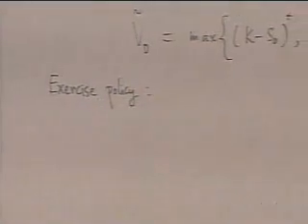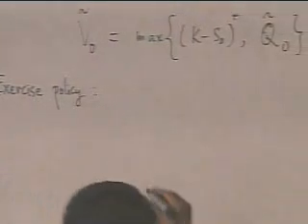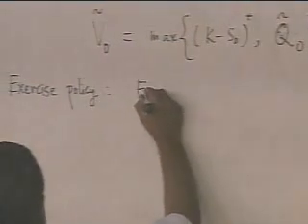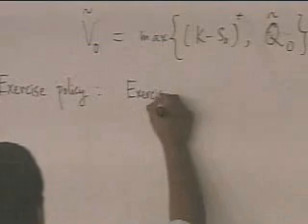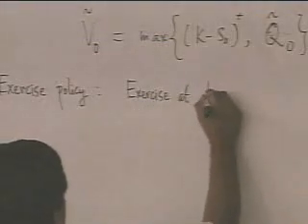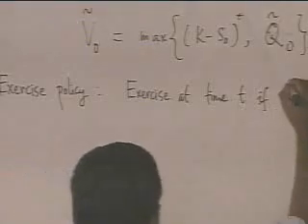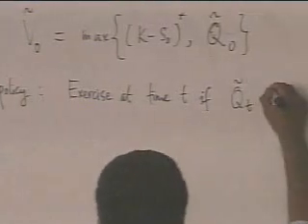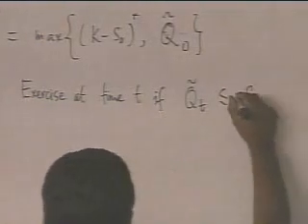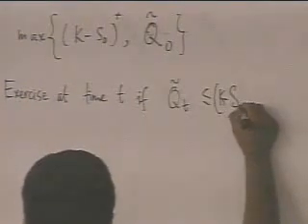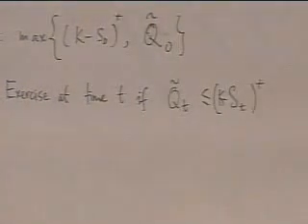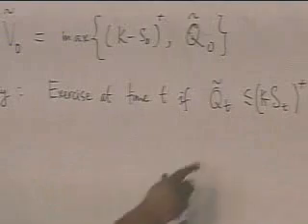So the exercise policy in this case would be: exercise at time t if q tilde of t is less than or equal to (k minus s t) positive part.